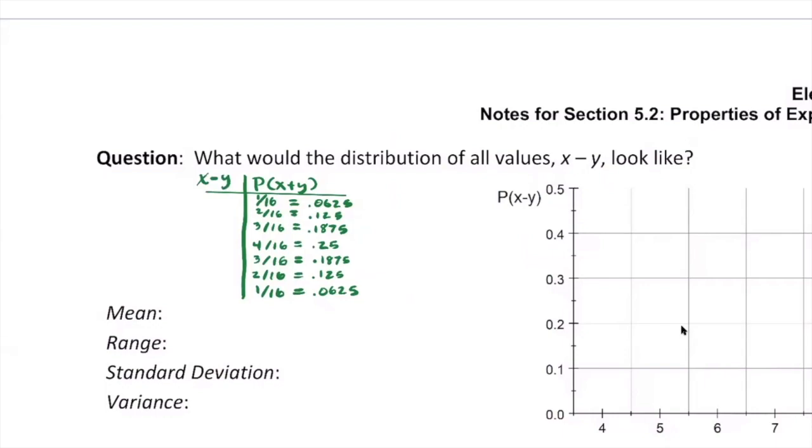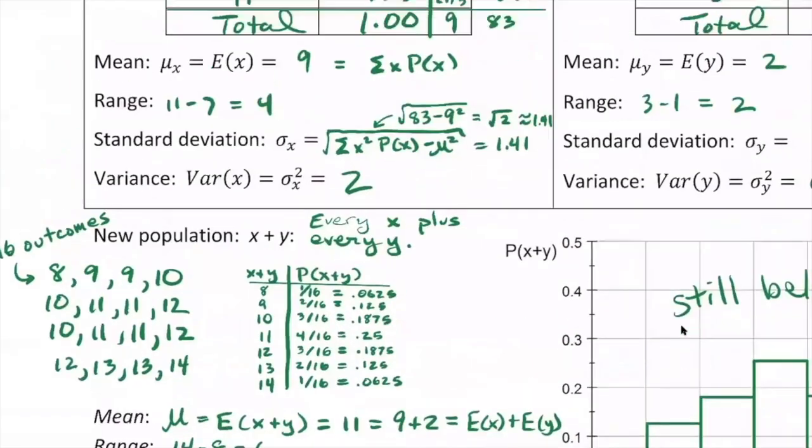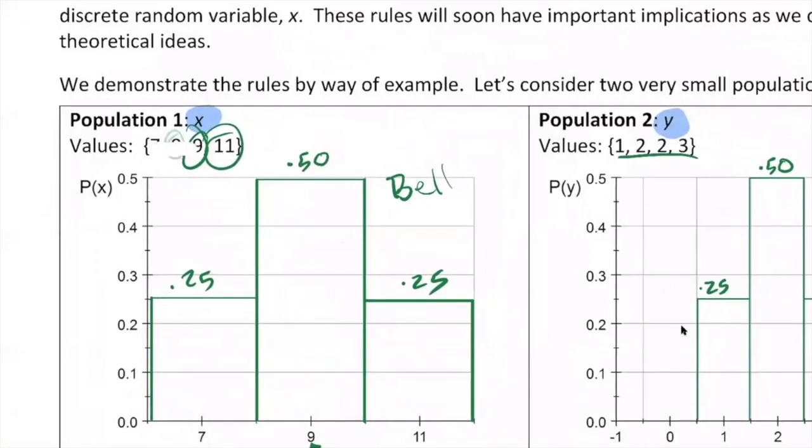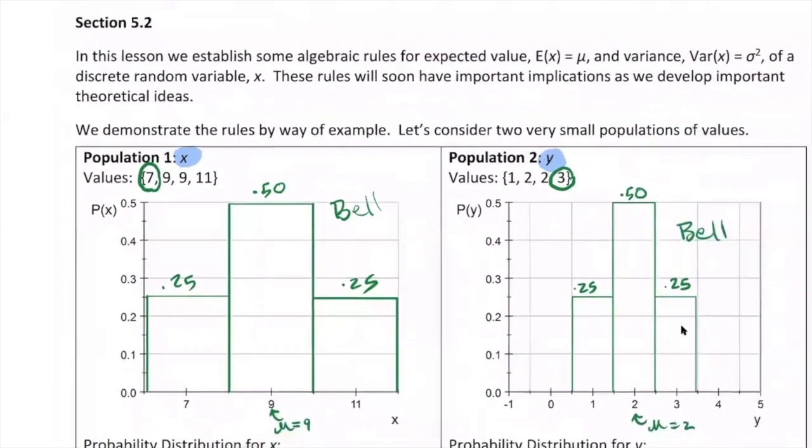Okay, so if you do X minus Y, what's the smallest this could be? The smallest you could get is if you took the smallest X and subtracted the biggest Y, 7 minus 3, okay?